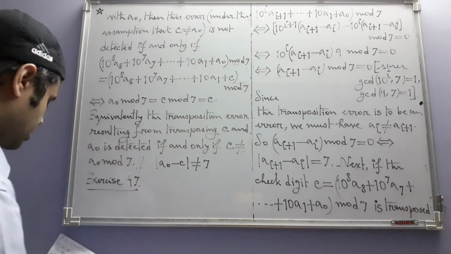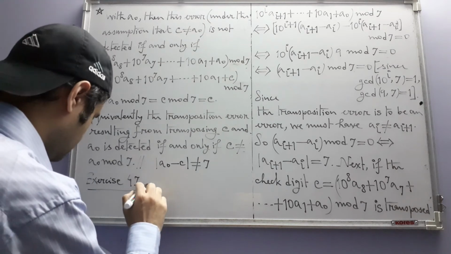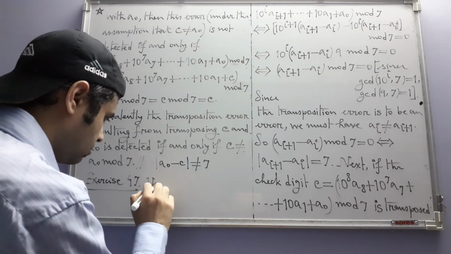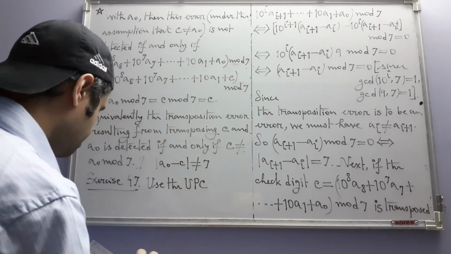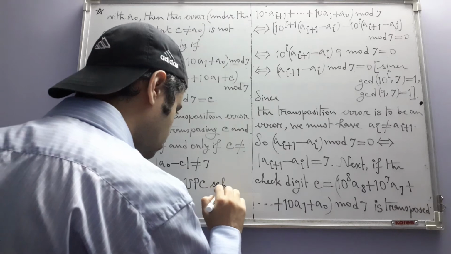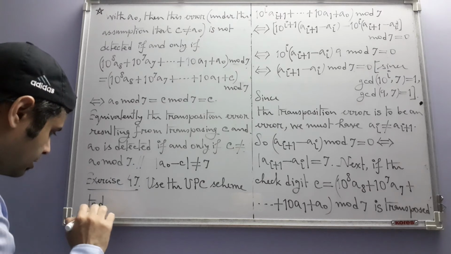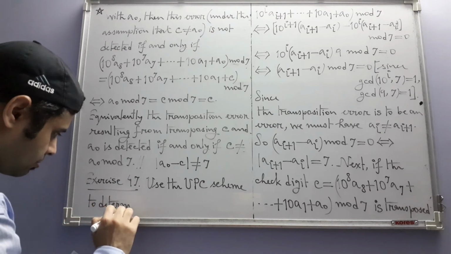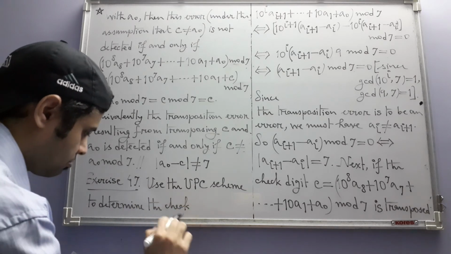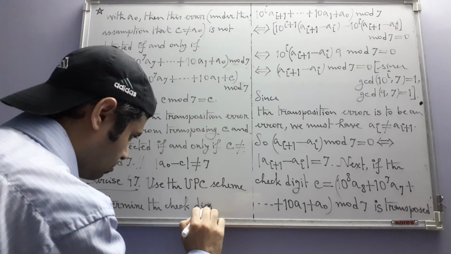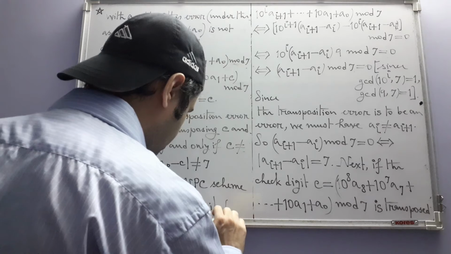Okay, next we come to the UPC system. Use the UPC scheme to determine the check digit for the number.